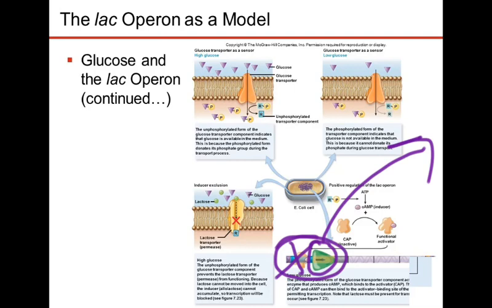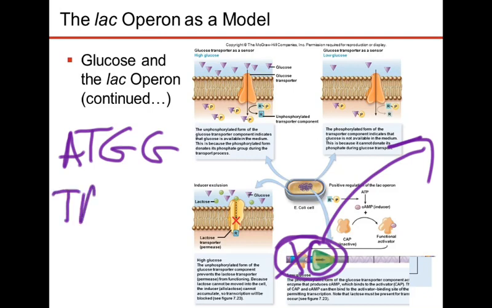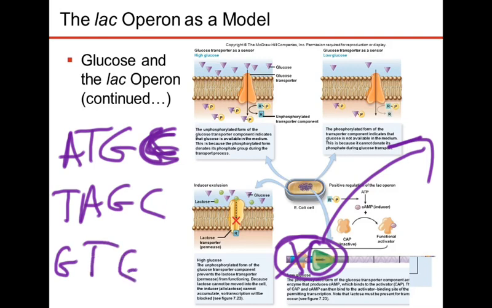And remember, promoters are just a certain combination of A's, T's, G's, and C's, and sometimes they look like that, but sometimes the sequence might look like this. Whoops, that wasn't a C that I wrote the first time. And sometimes they might look like this. There's about 70 nucleotides that make up a typical promoter, and sometimes one nucleotide change from one that works constitutively, if we say this first one is constitutive, might make the promoter still work, but it'll work just a little bit differently.